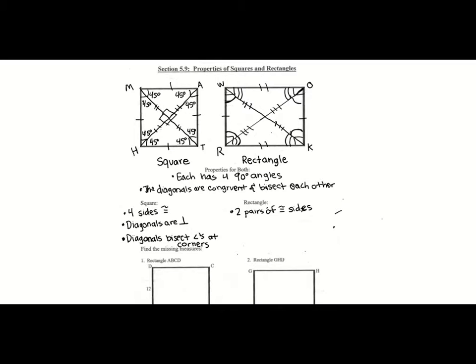So our rectangle has congruent alternate interior angles formed by our diagonals.